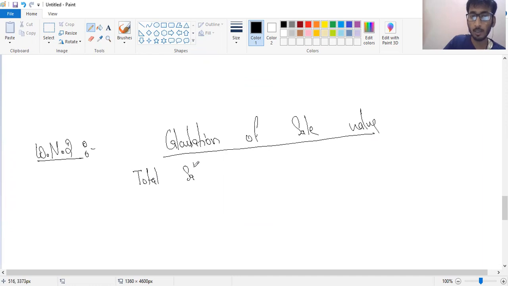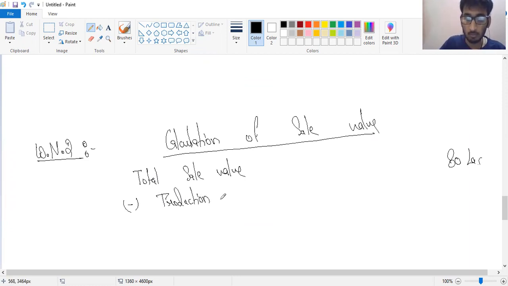So basically total sale value. What is the total sale value? It is 80 lakh. Now, since as per the ranking, what should we produce first? We should produce A first. So production of A, it would be maximum up to 32 lakh.